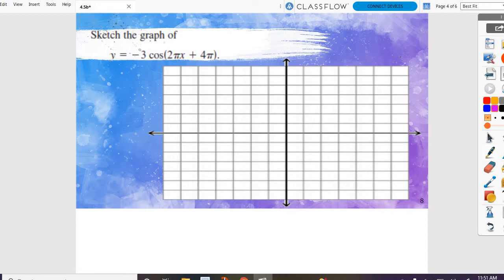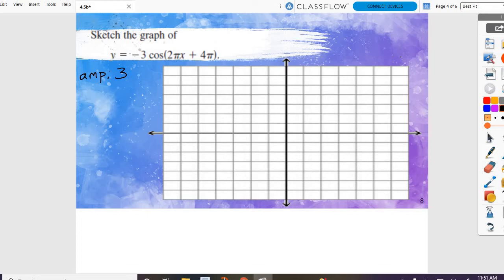So, first off, let's label our amplitude. What is our amplitude? 3. Why is it not -3? Because it's the absolute value. Okay, but what's that negative going to do? It flips it, or is a reflection.